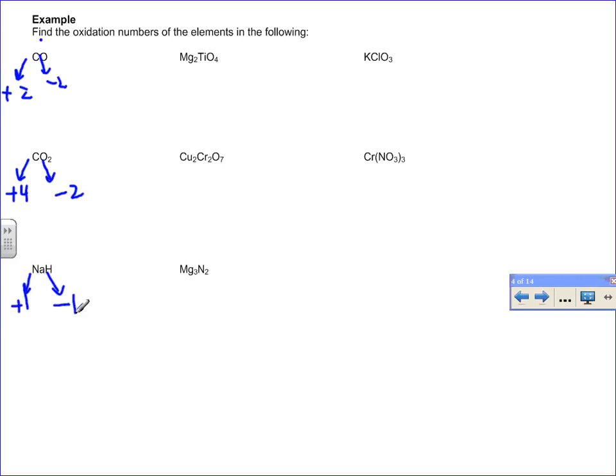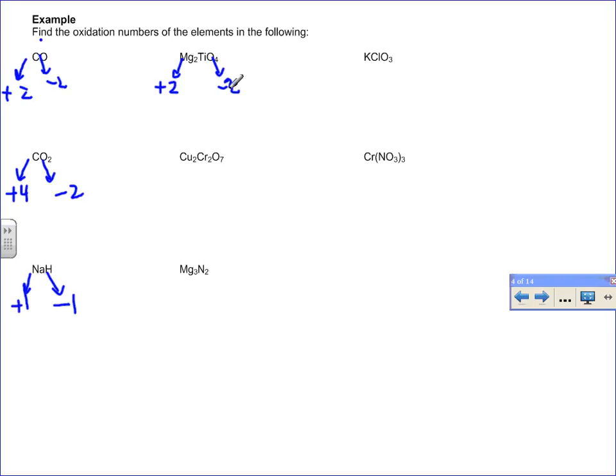All right, with this magnesium titanium oxide, okay, the rules tell us magnesium is +2 and oxygen is -2. Now, just to be clear, what we're doing is showing the individual oxidation states of the elements. So each magnesium in this has an oxidation number of +2.